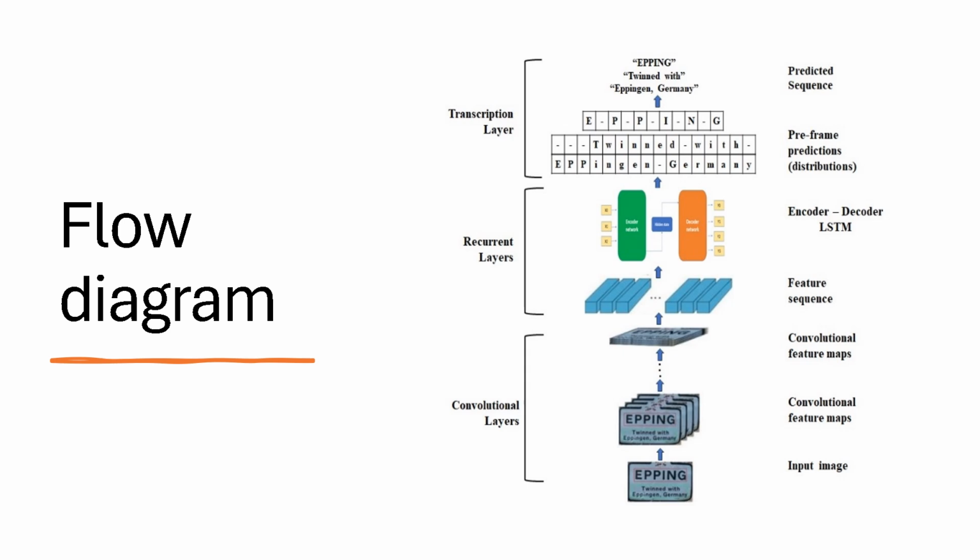in the image. So you can see that "epping" and other words are written: "epping twinned with epigen Germany." This we have to extract from the image. So all these steps will be required, and after that, per-frame predictions will be obtained, and then after that, we just have to predict the sequence.